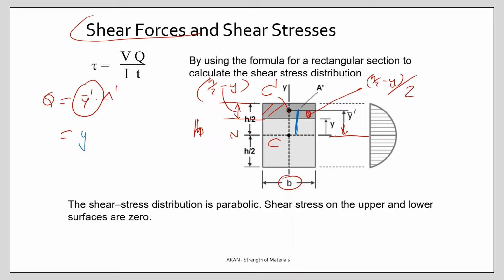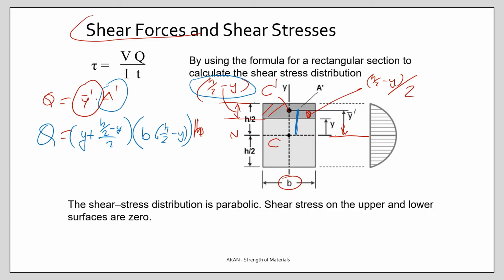That is y plus (h/2 − y)/2. And then A prime is b times h over 2 minus y. Okay, this is your Q value, which you need for this formula.